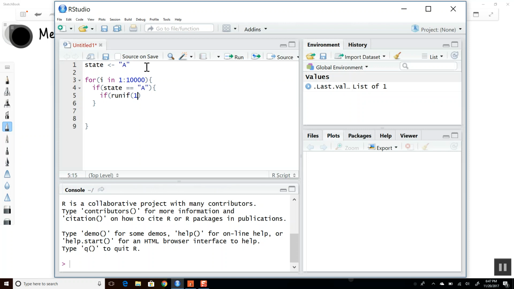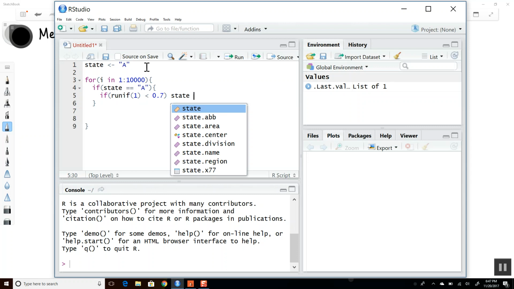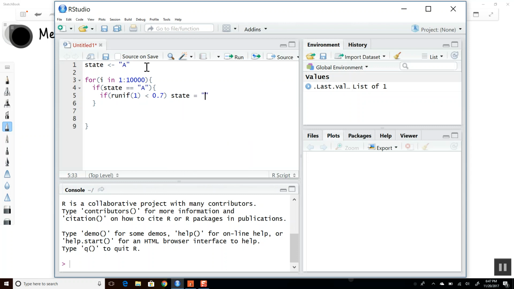If this random number is less than 0.7, then our state will remain A. Otherwise, the state will transition to B.